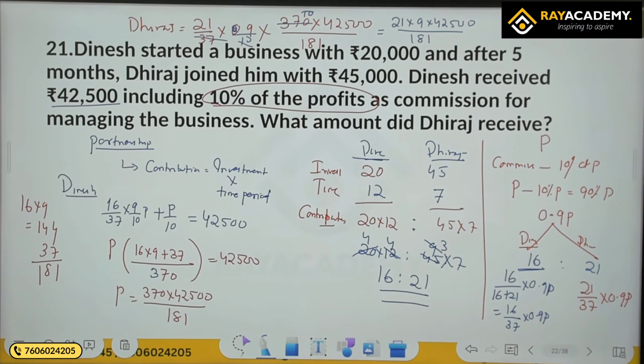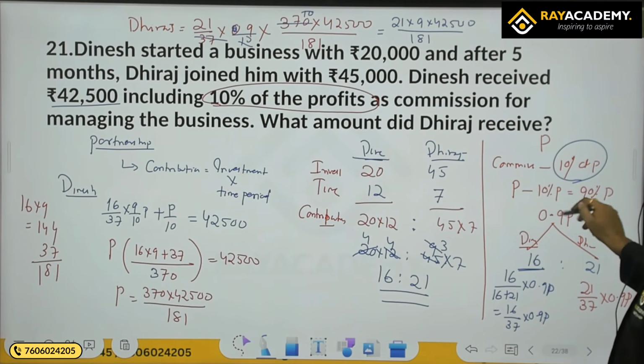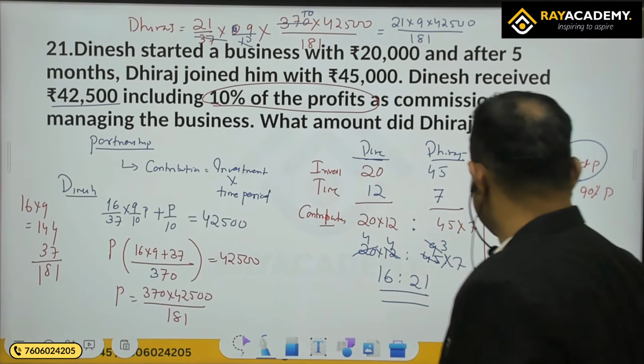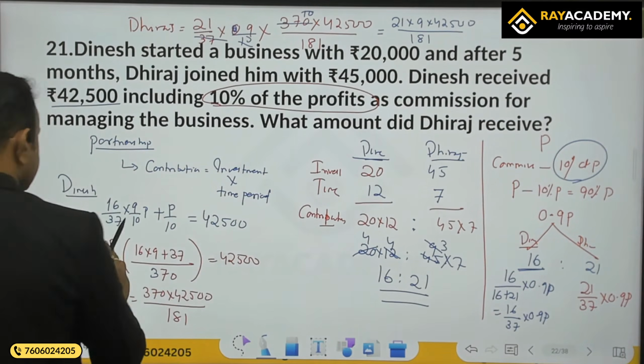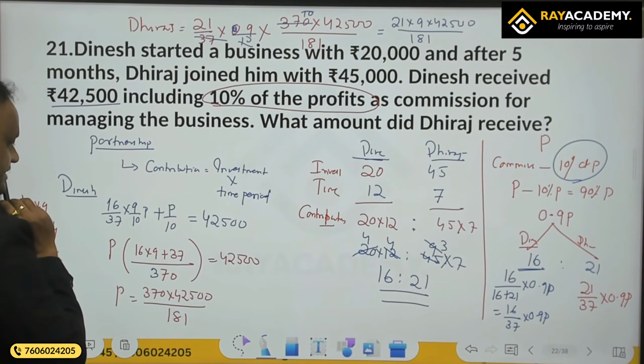Dinesh received 42,500 including 10% of the profit. So after giving 10% of profit as commission, the remaining 0.9P is divided in 16/37. So 16/37 into 9/10P plus P/10 is your answer.